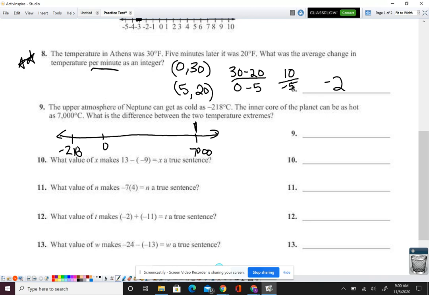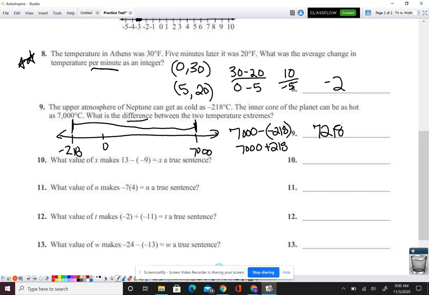I'm looking for this distance between there. So we're taking the difference between them. So 7,000 minus a -218. So it's going to become 7,000 plus 218. And we're going to get 7,218.